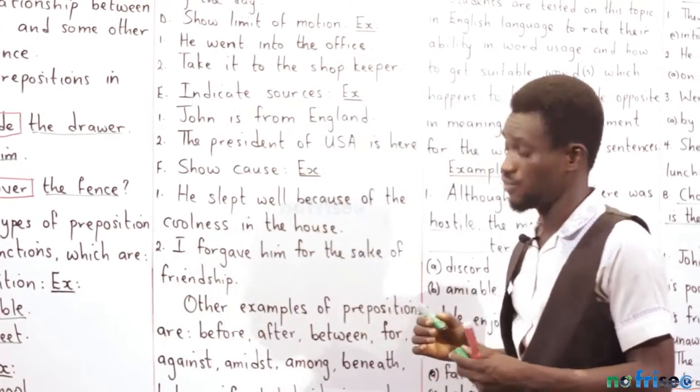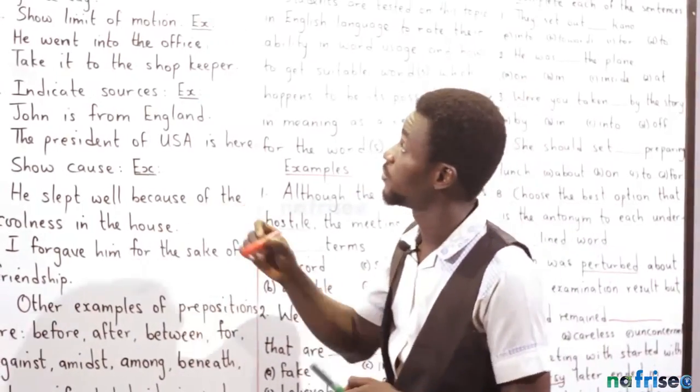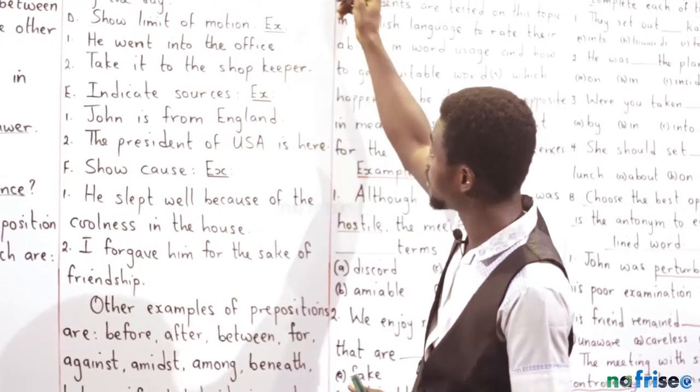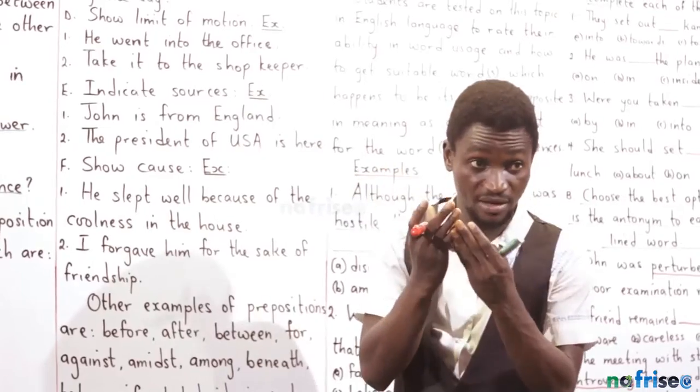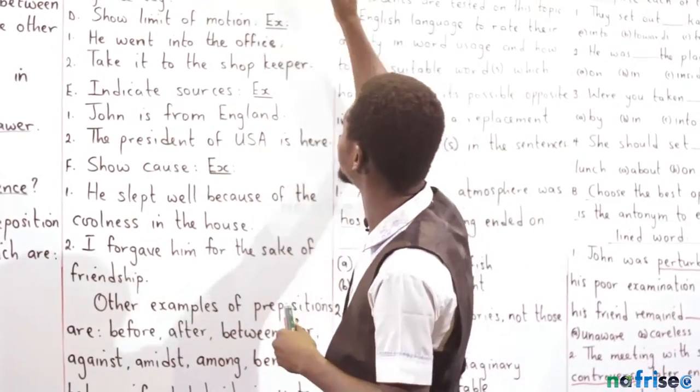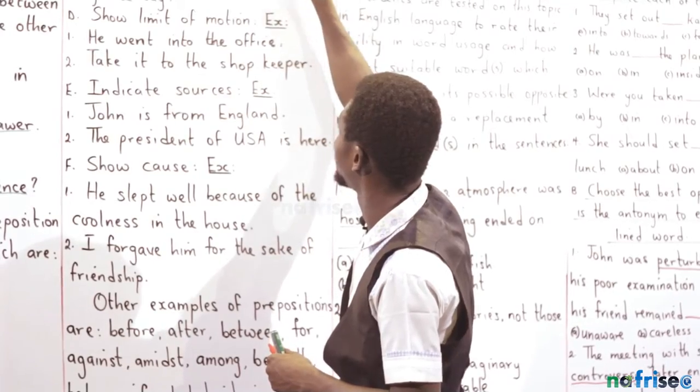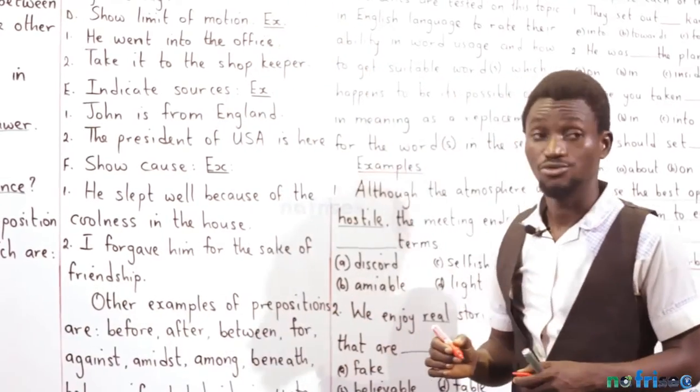So what's the relationship between you and noon? Noon is a specific time. Between you and noon is what? At. You expected there at noon.